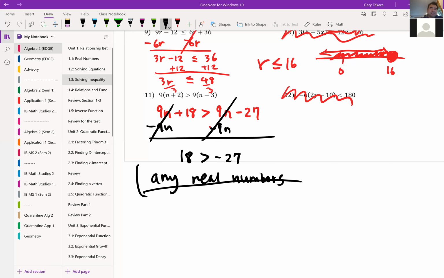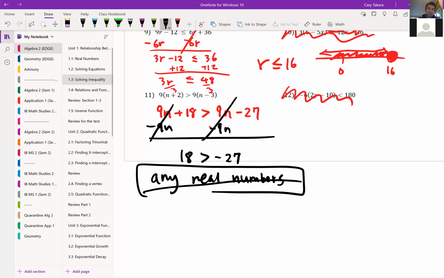Meaning that any number will work. You can put any number that you can think of, 2.5 or even pi or square root of 2. You can put a rational or irrational number, any real number for n will work.